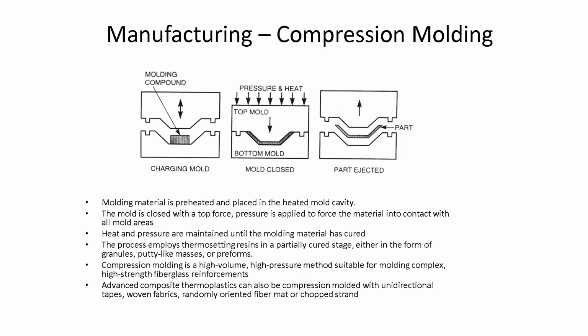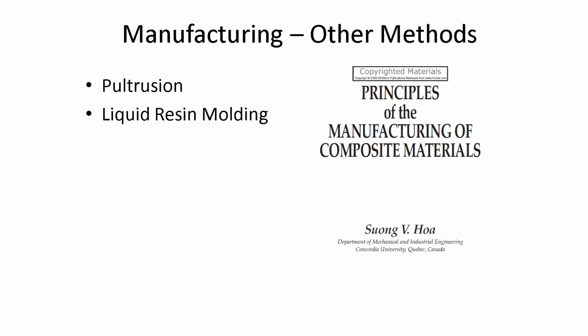Advanced composite thermoplastics are usually the ones compression molded, and you can use all kinds of fiber architectures like unidirectionals, woven composites, and randomly oriented fibers. I've seen chopped strand and randomly oriented fibers used for these applications.